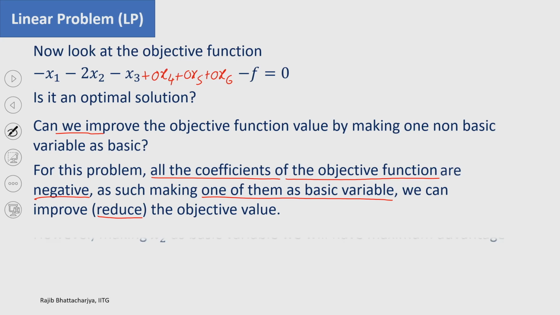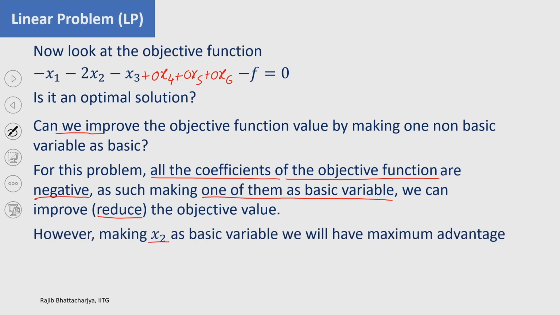Now, if we make x2 a basic variable, we will have maximum advantage. Why will we get maximum advantage? Because x2 has the largest negative coefficient out of x1 and x3. So, we will get more advantage if we consider x2 as a basic variable in place of any other, suppose in place of x4, x5 and x6.